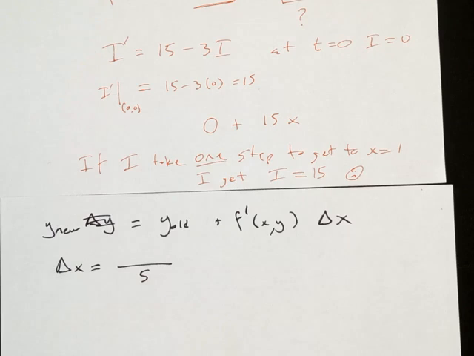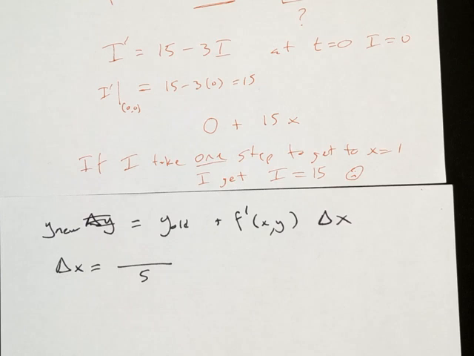Taking 5 steps. I'm back to chapter 7, I'm back to chapter 5 last semester. What's delta x going from 0 to 1 in 5 steps? Integration.